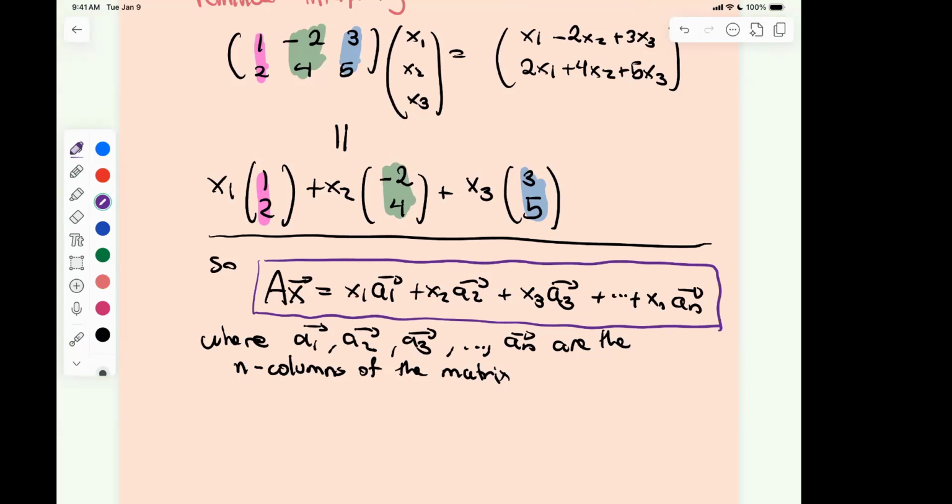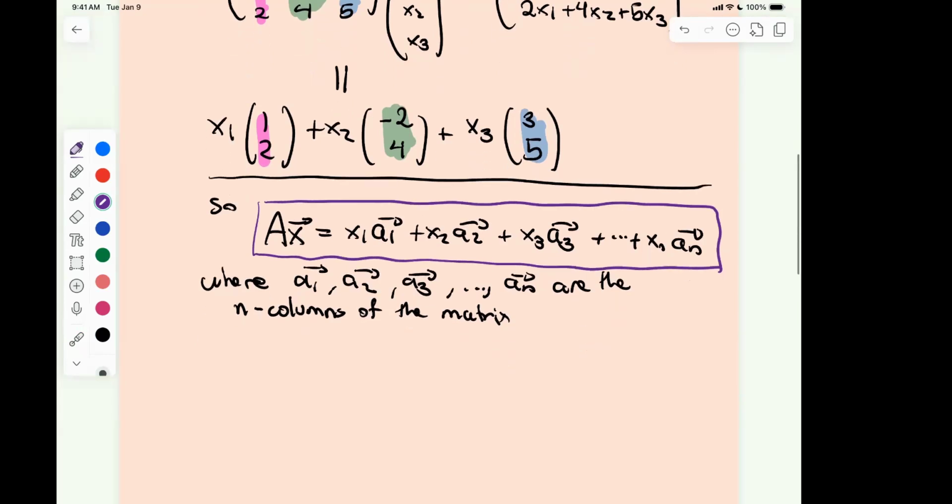But okay, so far so good. Looks like a quick reminder. Now, why is that nice? Because that gives you this geometric interpretation for a system of equations, right? So this is the column interpretation of a system of equations.